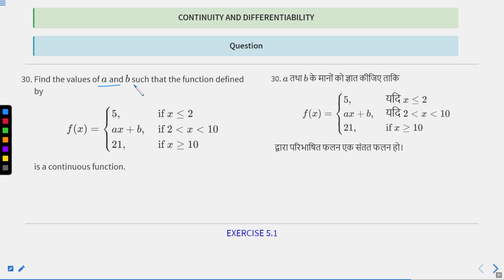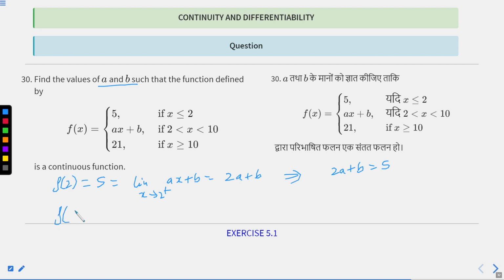Now here we have to find the values of a and b such that our function is continuous. So let's check for just the endpoints. Let me check for 2. As it is continuous, f of 2, which is 5, must be the same as the limit as x tends to 2 from the right hand side, which is ax plus b, which means 2a plus b. So this gives me 2a plus b equals 5.